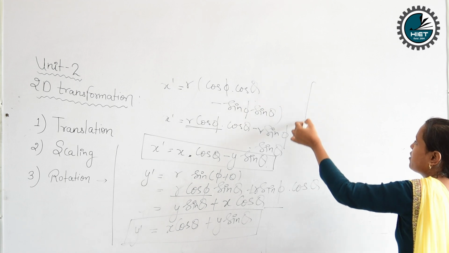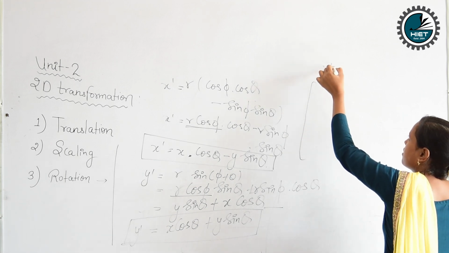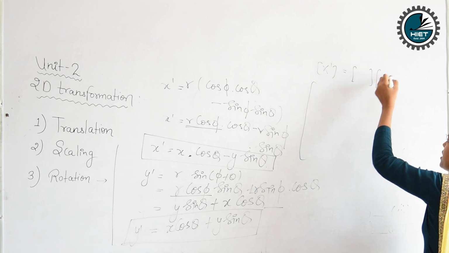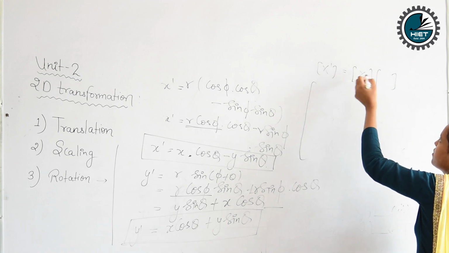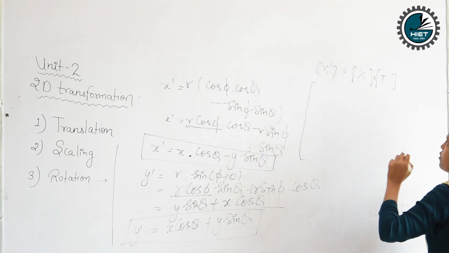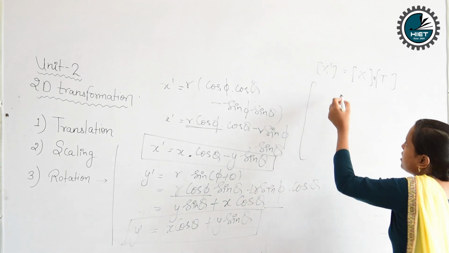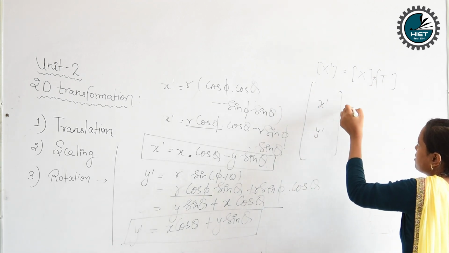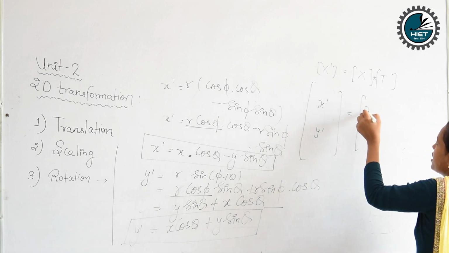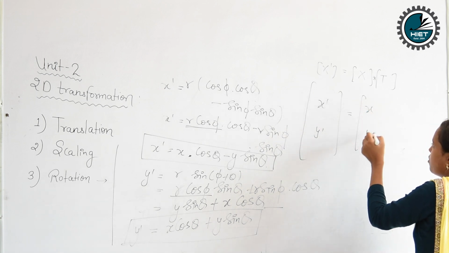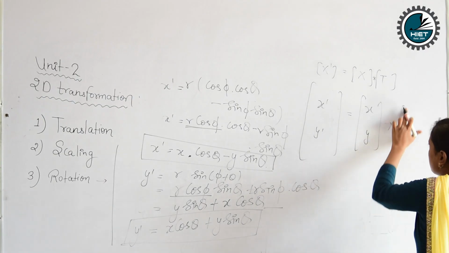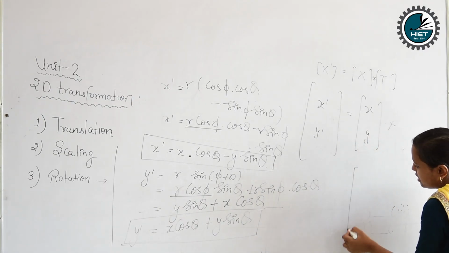As per the equation, we represent it by the generalized matrix equation. This is the new coordinate x dash, y dash. This is the old coordinate x, y, and this is the rotation matrix. I am writing the rotation matrix here.